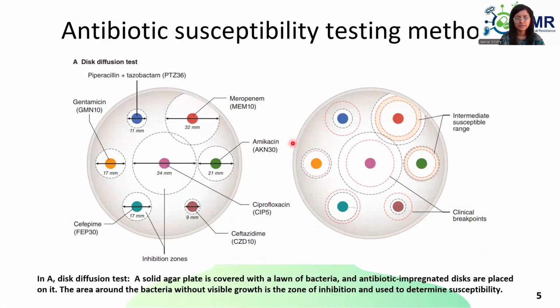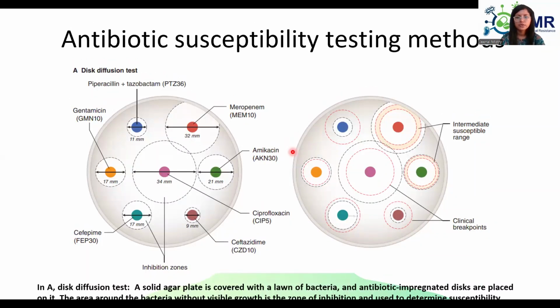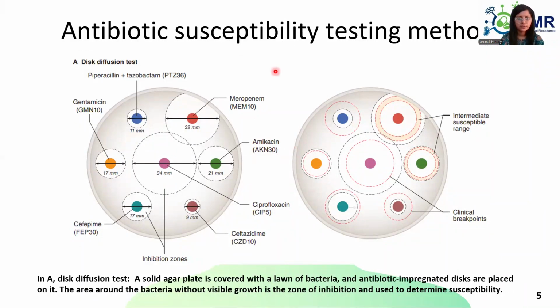antibiotic susceptibility testing method. One is the disk diffusion test, and the second is the dilution test, right? So this testing shows how the particular bacteria, viruses, and other microorganisms are affected. For the bacteria in the disk diffusion test, we take a solid agar plate covered with a lawn of bacteria.